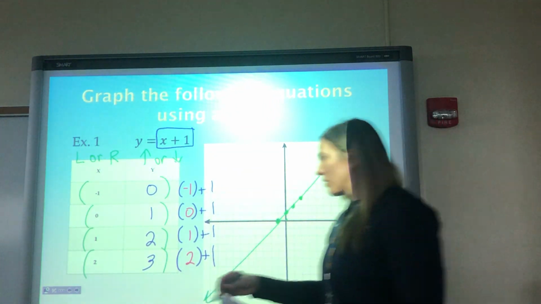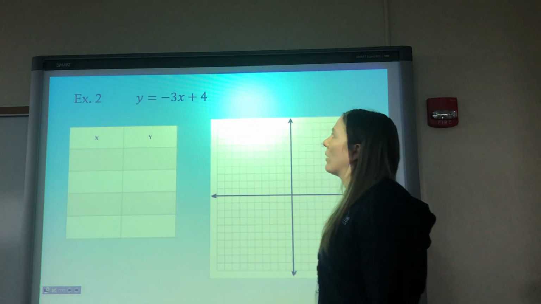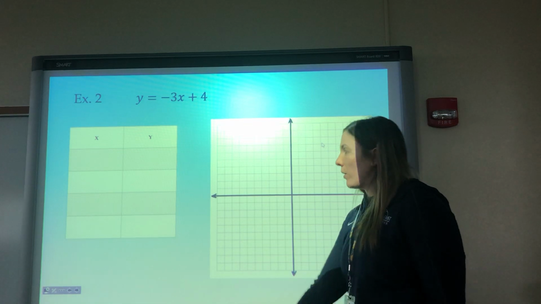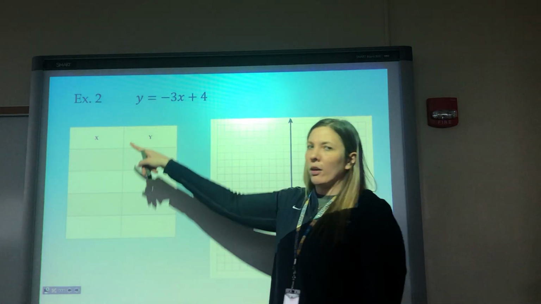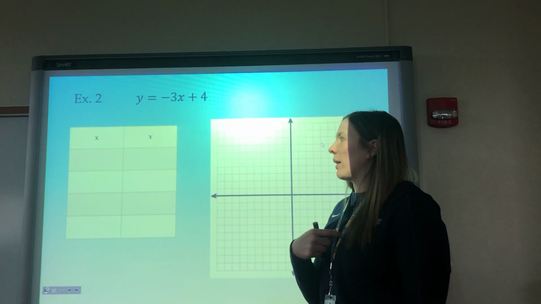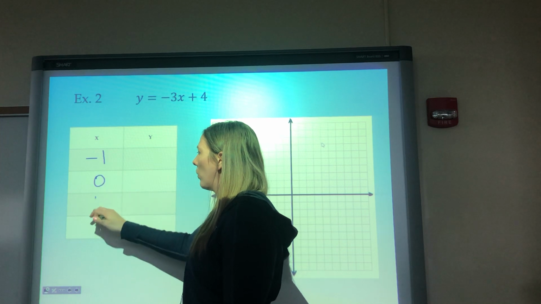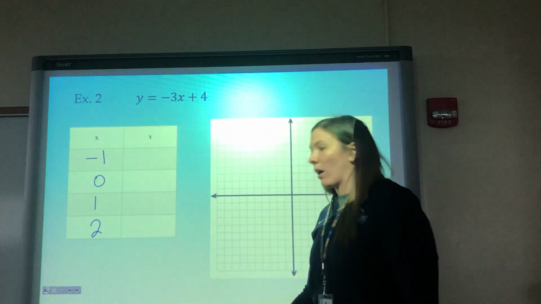Okay? All right, let's go on to number 2. So number 2 says y equals -3x plus 4. Notice the table here starts off completely blank. So we have to be the ones that go in and say, okay, I'm going to use -1, 0, 1, and 2 for my x values.